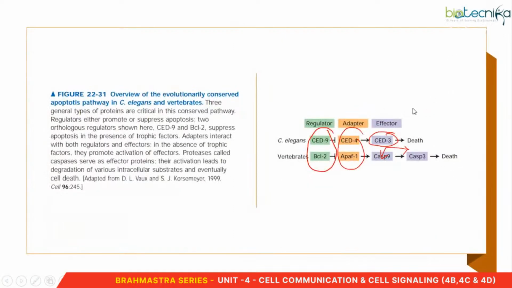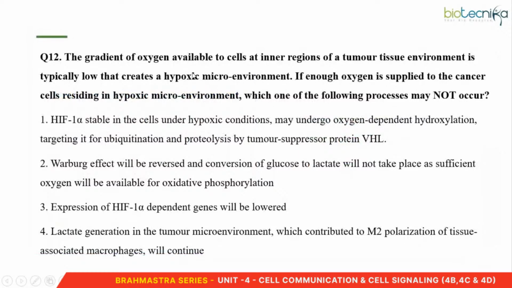The gradient of oxygen available to cells at inner regions of a tumor tissue environment is typically low, which creates a hypoxic microenvironment. If enough oxygen is supplied to the cancer cells residing in the hypoxic microenvironment, which of the following processes will not occur? HIF1 alpha, stable in cells under hypoxic condition, will undergo oxygen dependent hydroxylation targeting it for ubiquitination.